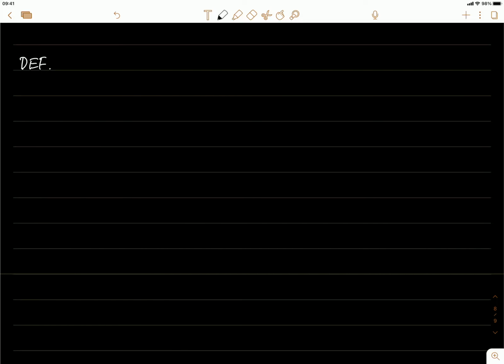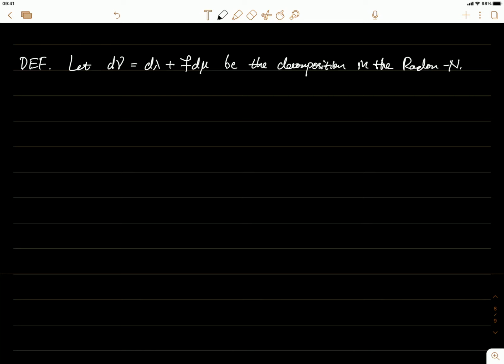So let d nu equal d lambda plus f d mu be the decomposition in the Radon-Nikodym theorem.